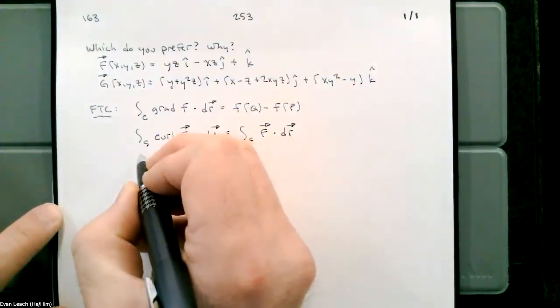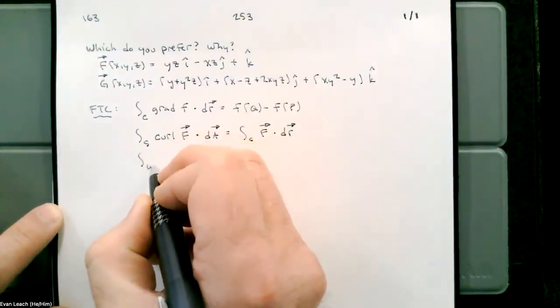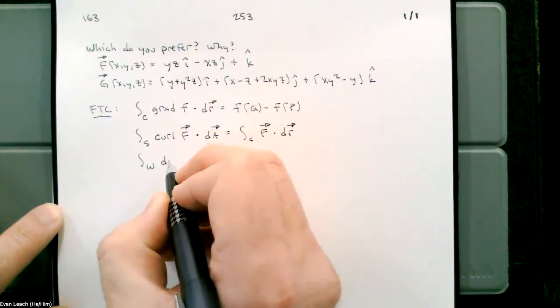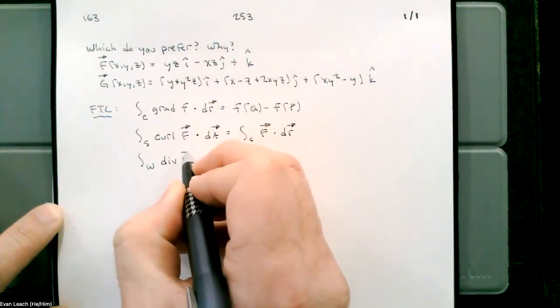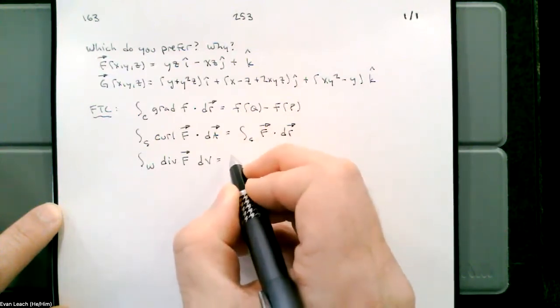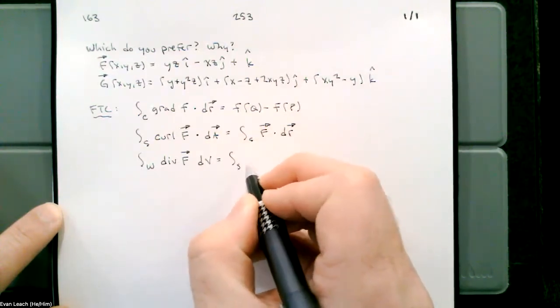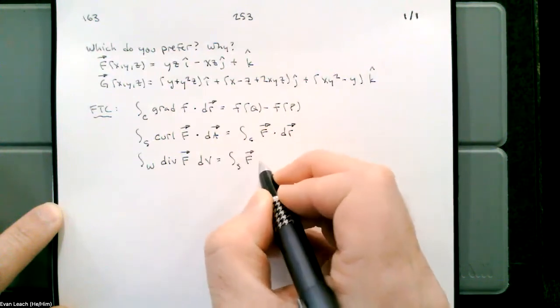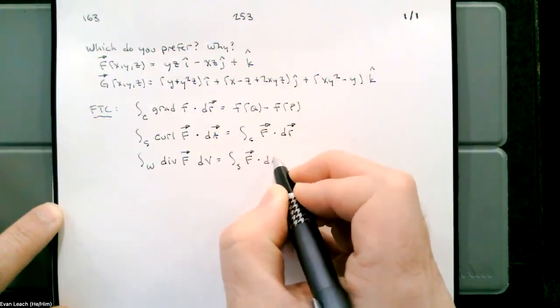Now the integral over some solid of the divergence of a vector field dV at each point is the surface integral of the vector field dot dA.